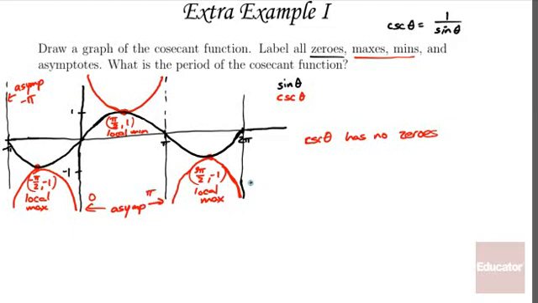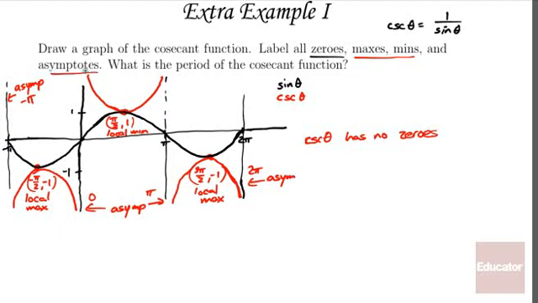And finally, here's one at 2 pi. Basically, those are the places where sine of theta is 0. Remember, cosecant is 1 over sine theta, so wherever you're sort of trying to divide by 0, that's where cosecant blows up to infinity or drops down to -infinity. So we've got the asymptotes.